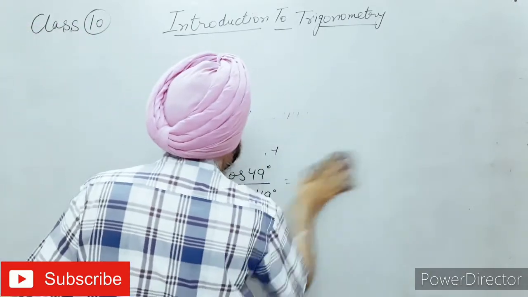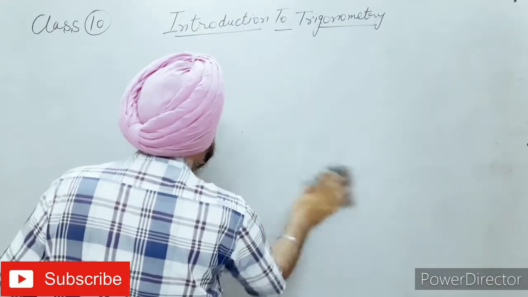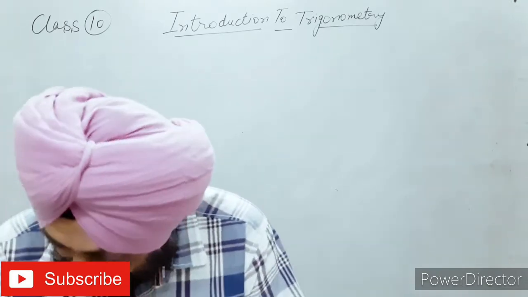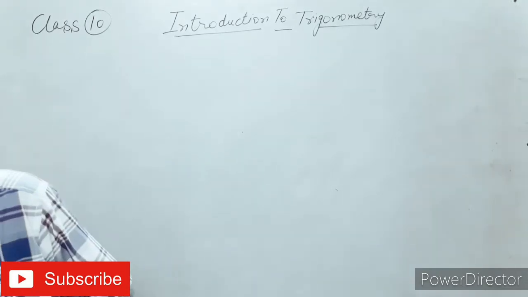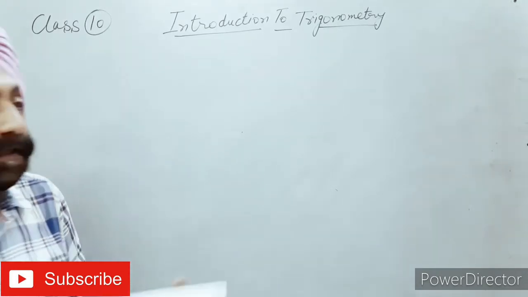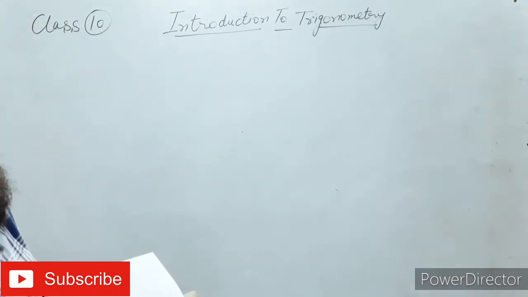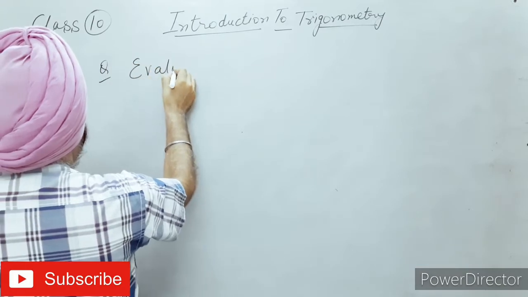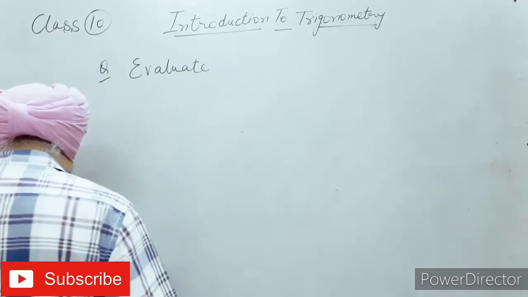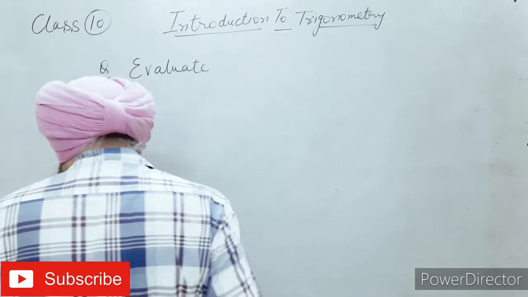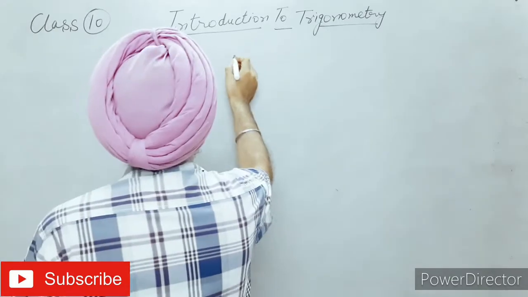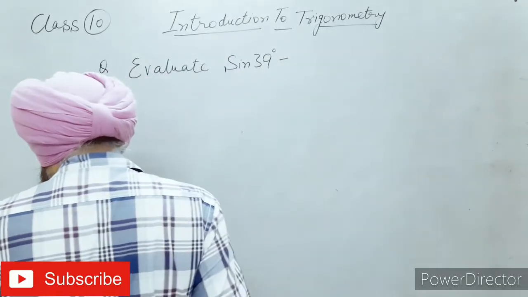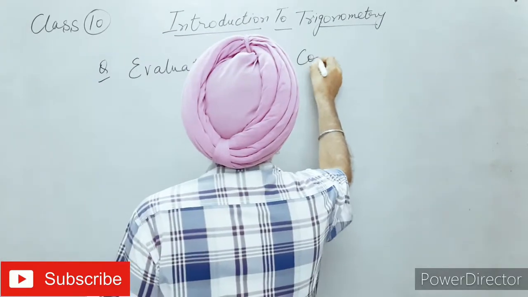Now, the next sum from this very concept, it is, say, evaluate sine 39 degree minus cos 51 degree.